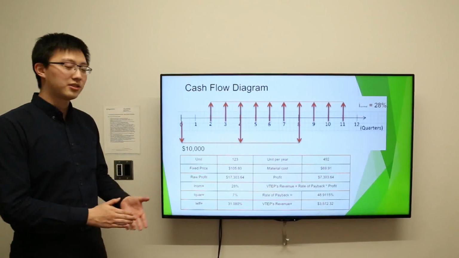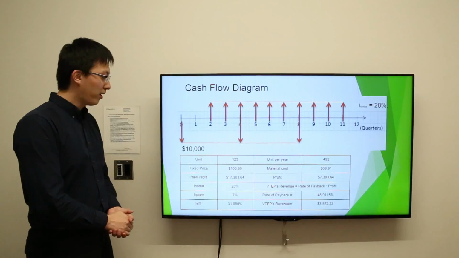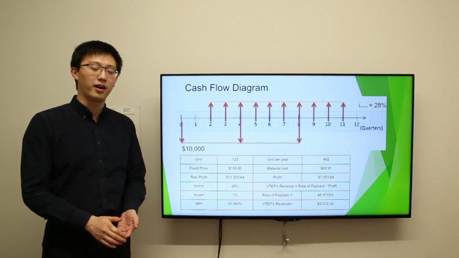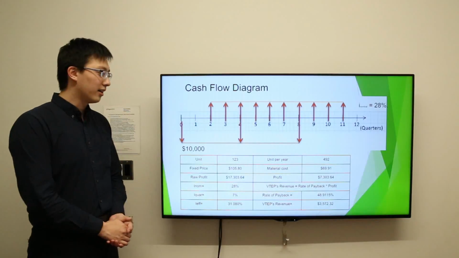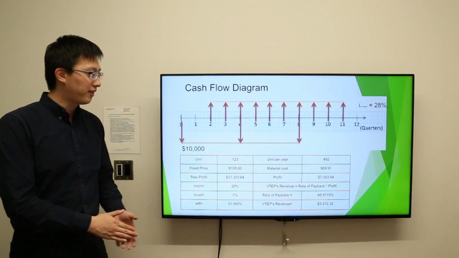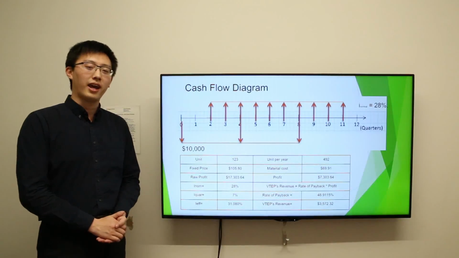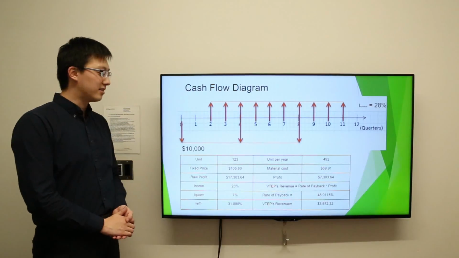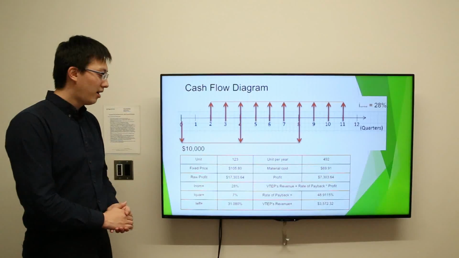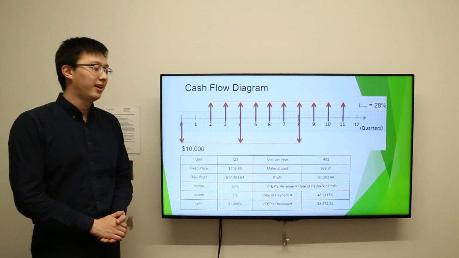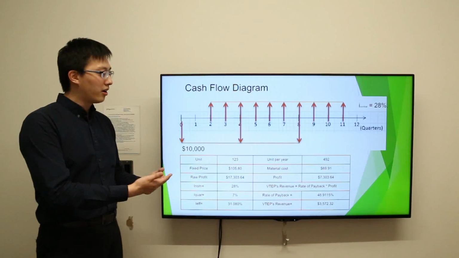As the table displays, we are probably going to manufacture 123 units each quarter, and later on we will make a certain profit. As you can see, our nominal interest rate is going to be 28%, and based on the quarterly compounding rate, our effective interest rate is roughly 31%.